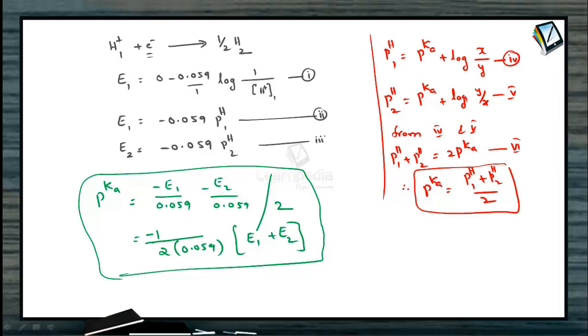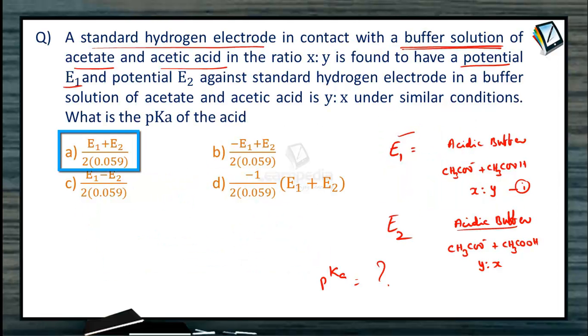Now let us observe the options given. The option A given is E1 plus E2 by 2 into 0.059. But we got the negative sign. Therefore, option A is wrong. And when we see the B option, minus of E1 plus of E2 is there. We have got the answer as minus of E1 plus E2.